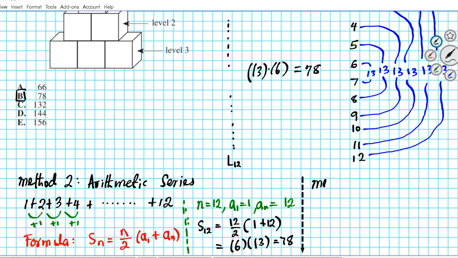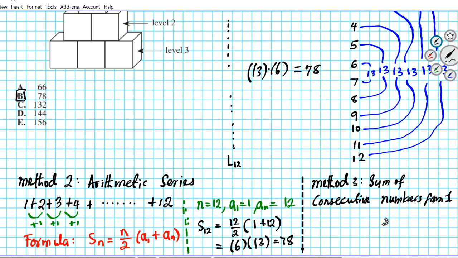Method 3 involves realizing what the shortcut is to add n consecutive numbers starting from 1. So it's just the sum of consecutive numbers from 1. Some people have this memorized.